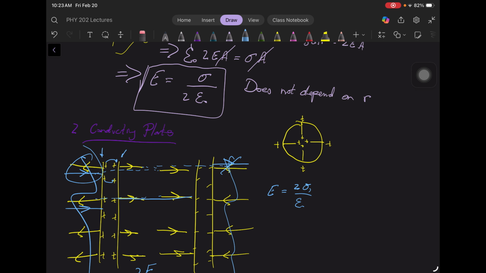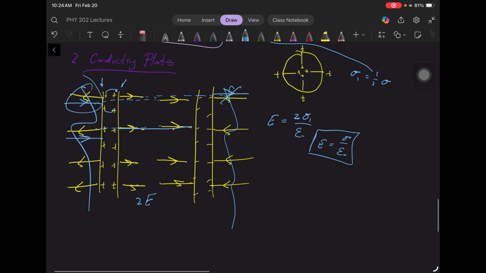And so if we go back to the electric field, or the sigma we had before, we can say sigma 1 is equal to 1/2 sigma from this sigma. And so we get E is just sigma over epsilon naught, as opposed to having the 1/2 in there. And I think we'll wrap it up there for now, and we'll do some practice problems soon.